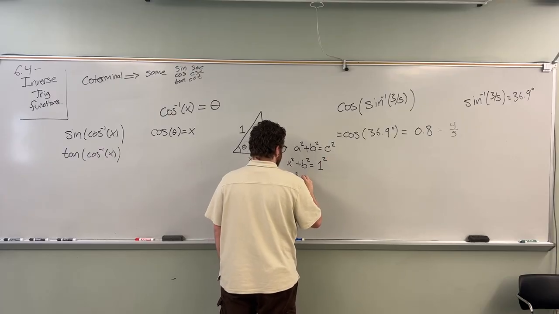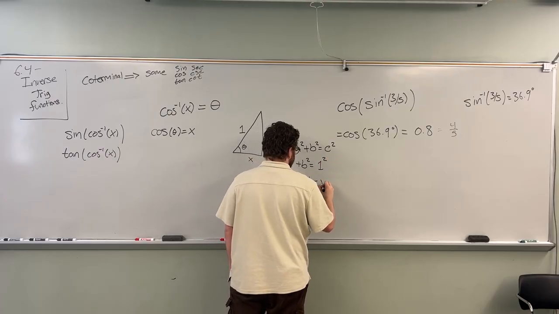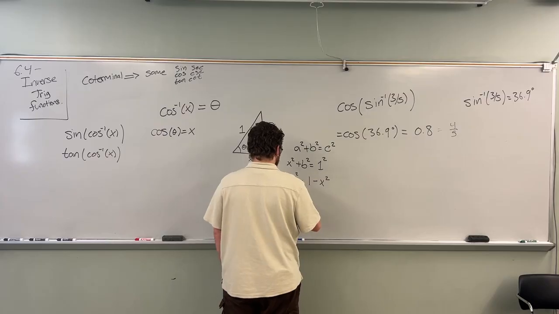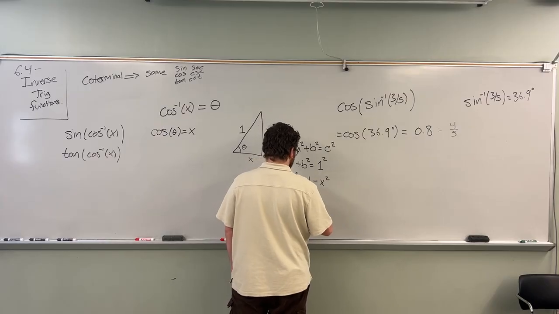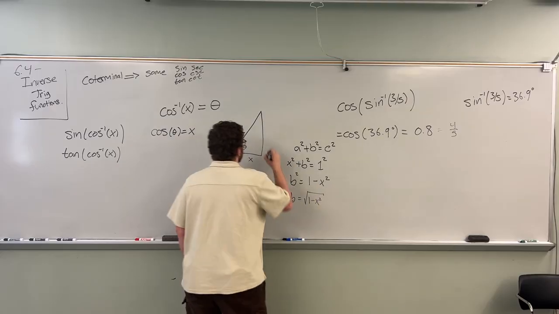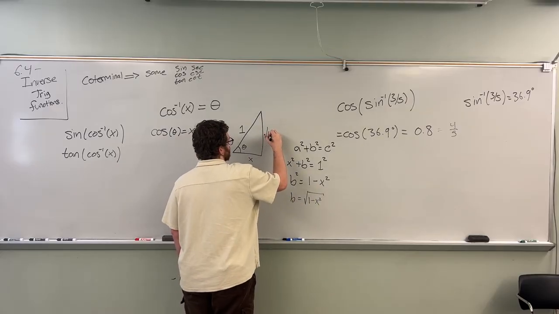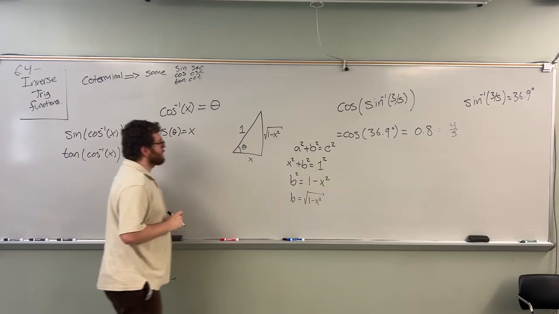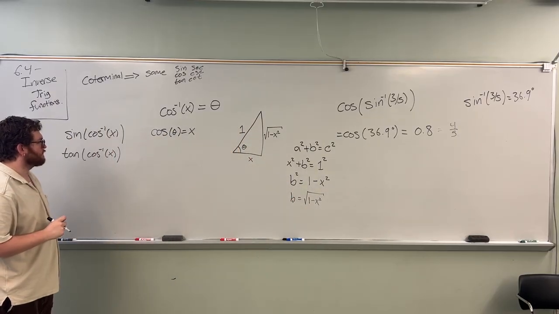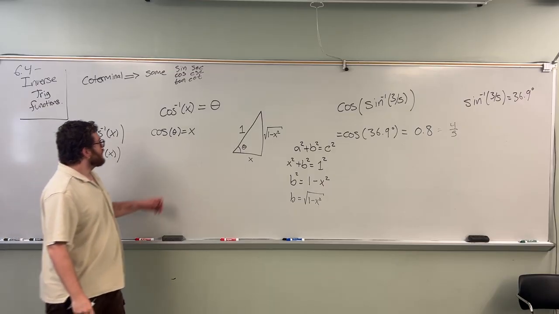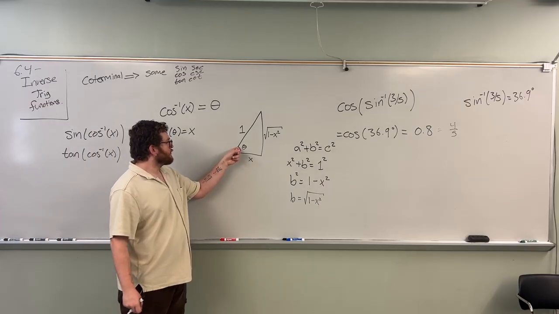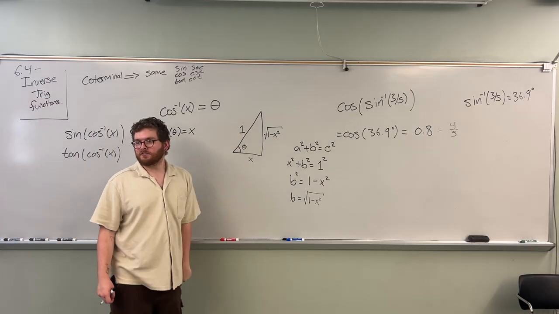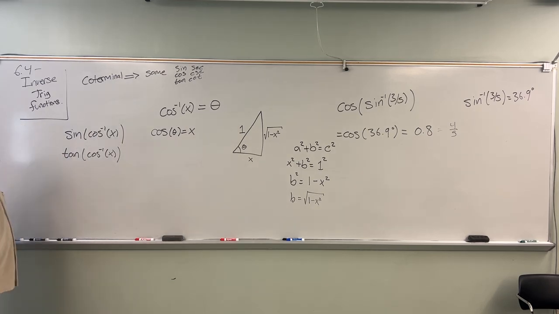So b squared equals 1 minus x squared, or b equals the square root of 1 minus x squared. So that's my side right here. Cool. So now I have that my angle and my sides are represented, and I can answer some questions about them now.